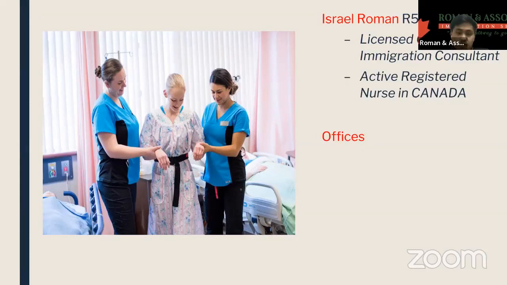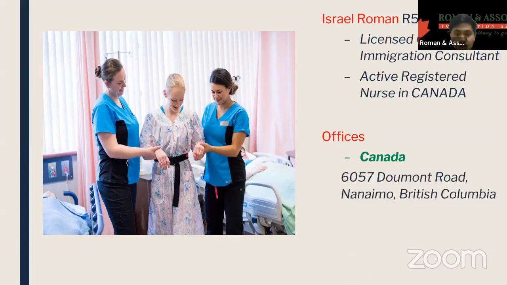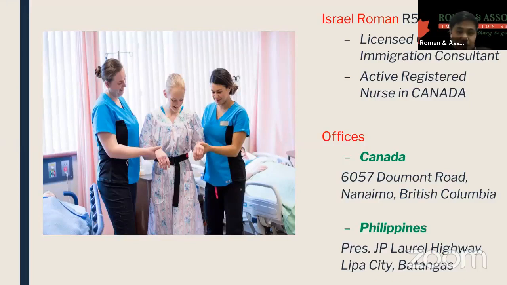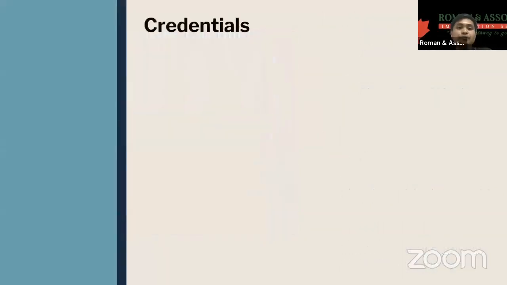Our main office is located in Canada at 6057 Dumont Road in Nanaimo, British Columbia. Yes po, yung main office po namin is nasa Canada na po mismo. And our office here in the Philippines is located at President JP Laurel Highway here in Lipa City, Batangas po.